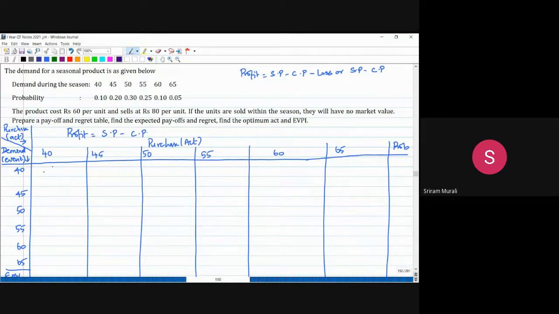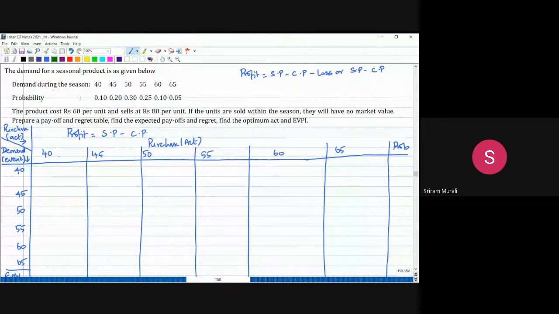So the first case: demand is 40 and I purchased 40 units. It is a break even.